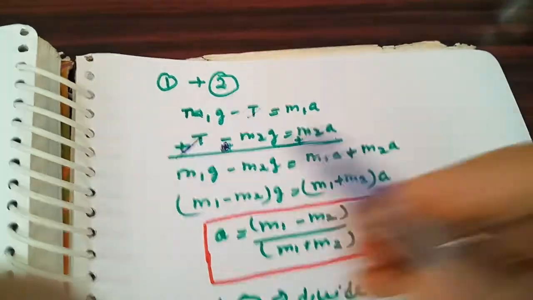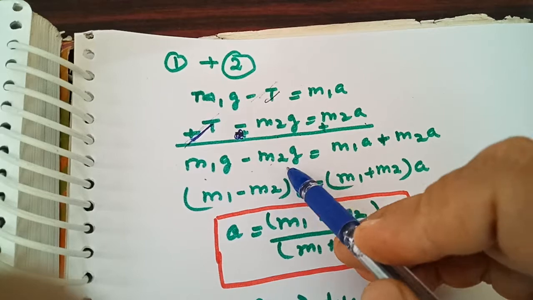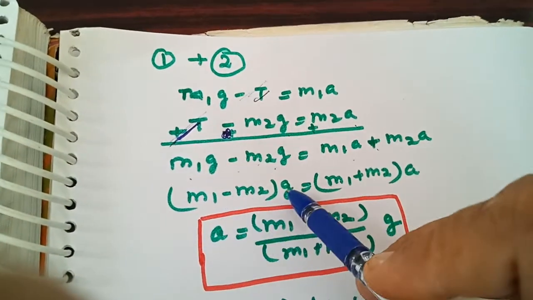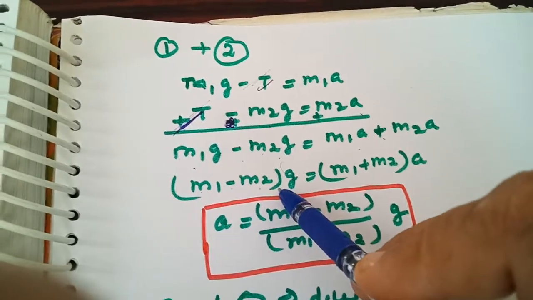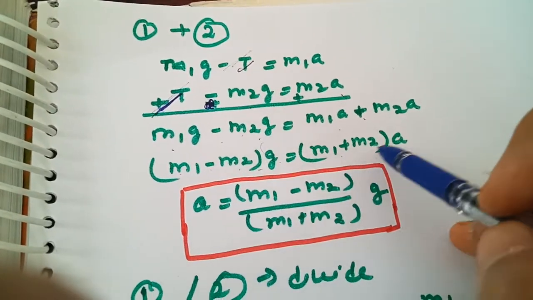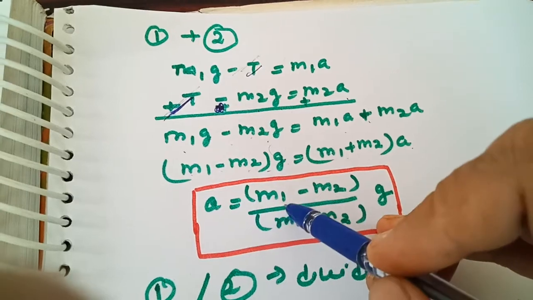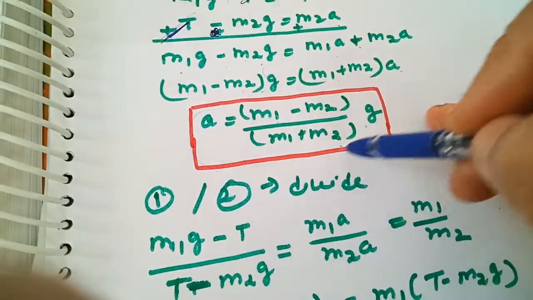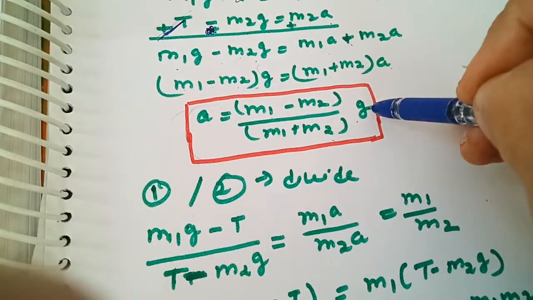Now you will get m1g minus m2g, and on the right side m1a plus m2a. By taking g common, you get (m1 minus m2) times g is equal to (m1 plus m2) times a. So a is equal to (m1 minus m2) divided by (m1 plus m2) times g. So this is the expression of the acceleration that you have got.